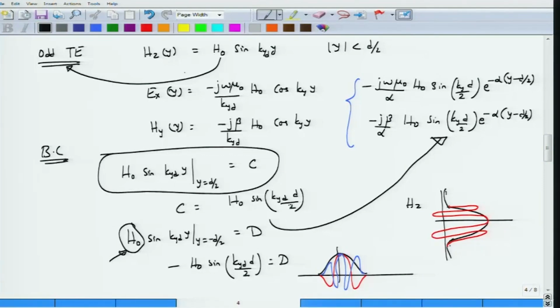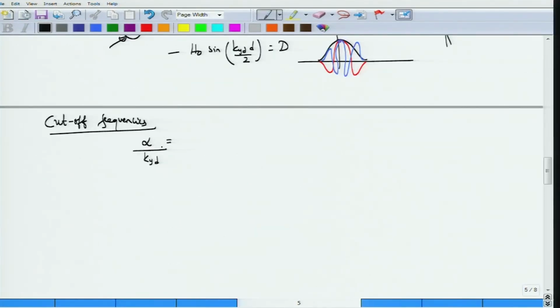So the ratio of alpha to ky_d can be written as alpha/ky_d = tan(ky_d d/2). This can be obtained again from the boundary condition. This relationship tells you the different values of ky_d and alpha.